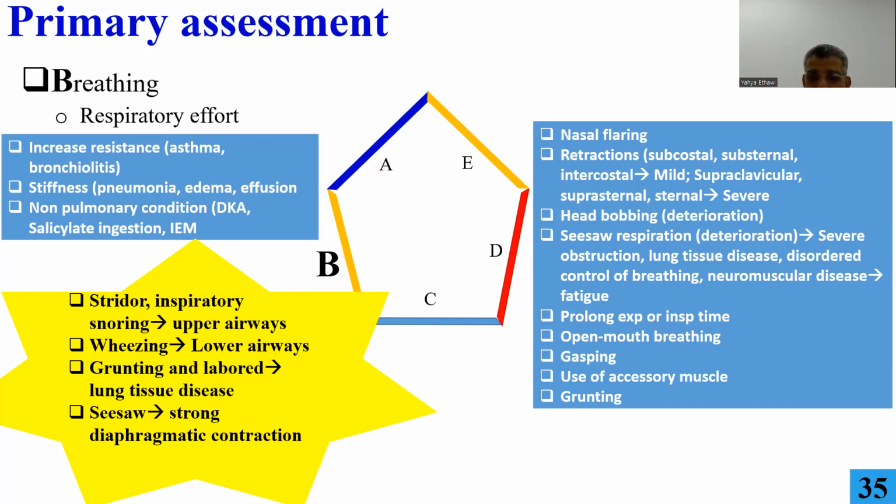And that's why we get grunting. When we have seesaw breathing, the breathing becomes up and down, meaning there is strong diaphragmatic contraction. It's a stage before bradypnea and agonal breathing.